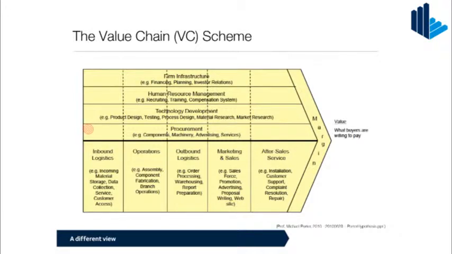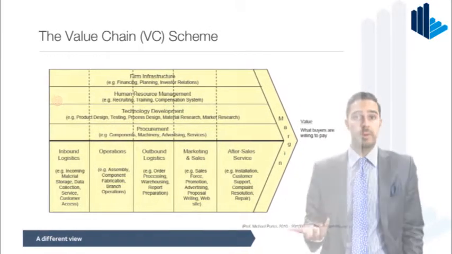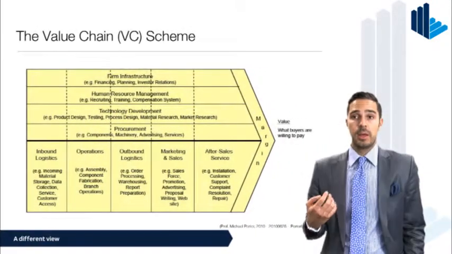These are called secondary processes, and they include procurement activities, technology development in the business, management of human resources, and management of firm infrastructure.